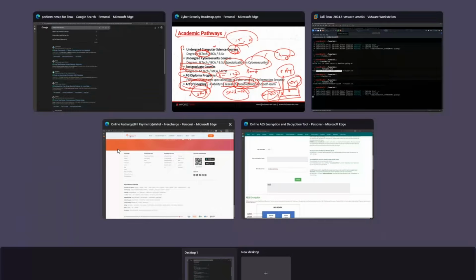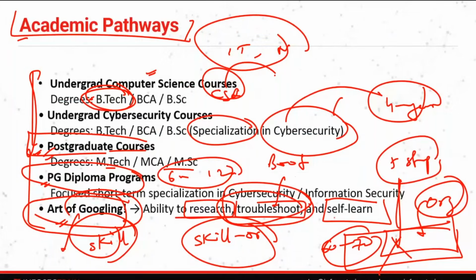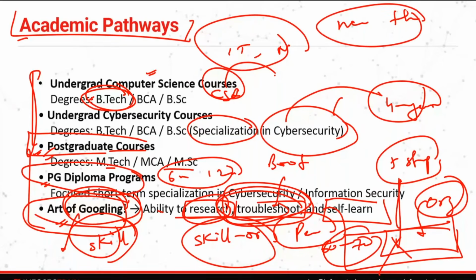That is your persistence, your never giving up attitude, and that is very important. How to Google, how to troubleshoot, how to research is very important in cybersecurity. Why? Because every day you will be facing some new type of threat, new types of malware, and you will be working on that. So this never giving up attitude, how to troubleshoot, self learning is a very crucial part in cybersecurity, guys.